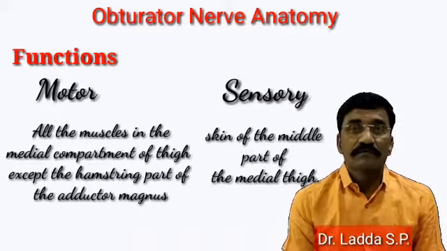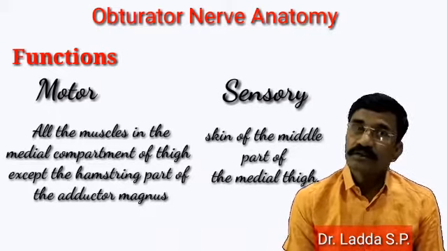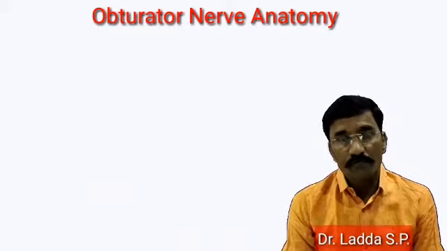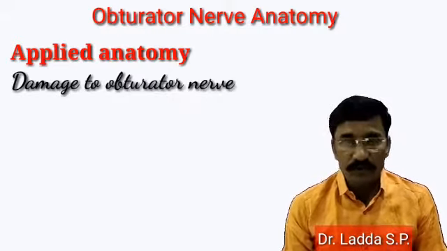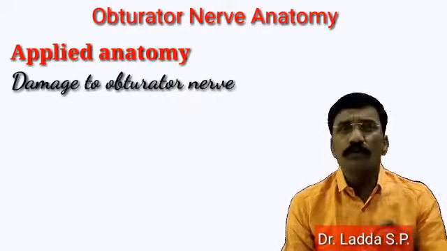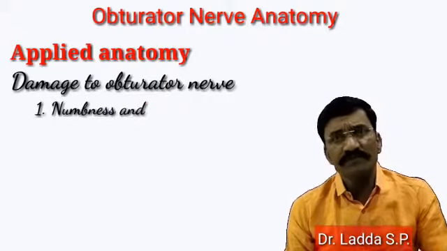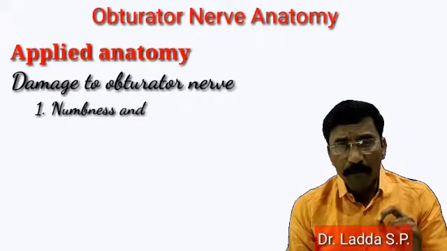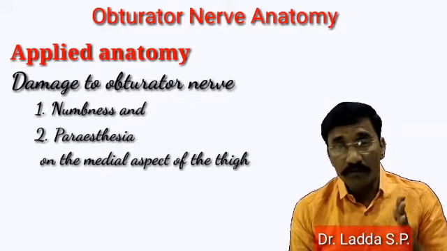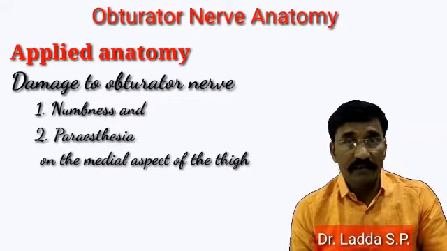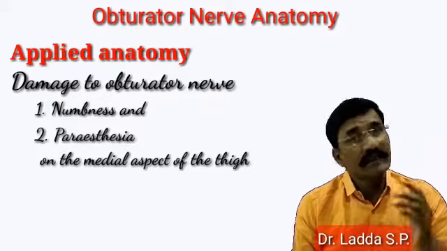Now the end of your answer must be with the applied anatomy. If there is damage to the obturator nerve, it produces symptoms like numbness and paresthesia on the medial aspect of the thigh. As we know, it is the nerve towards the medial side.